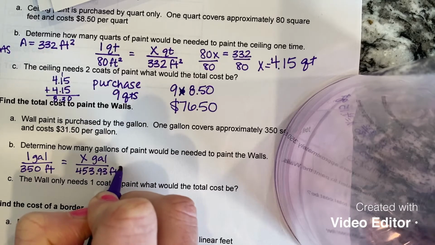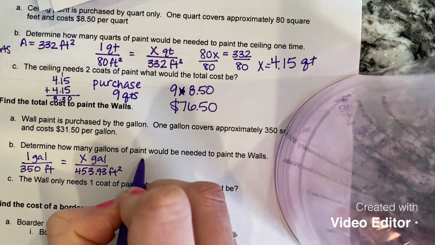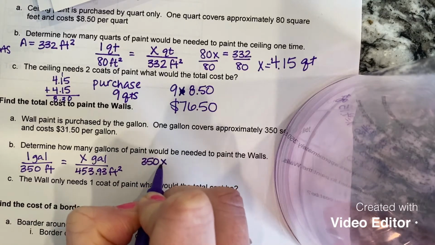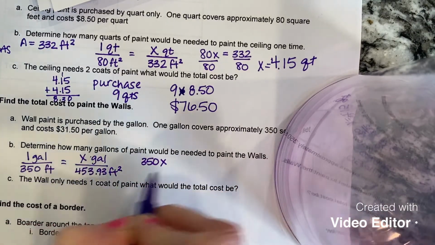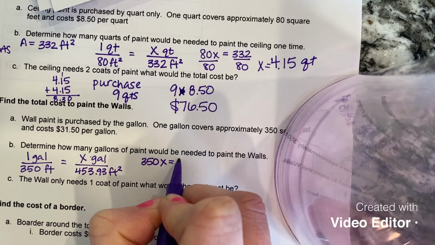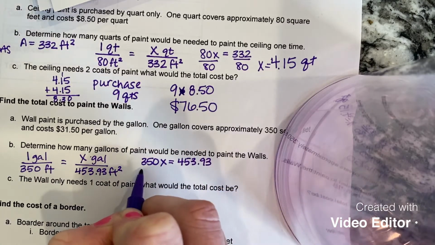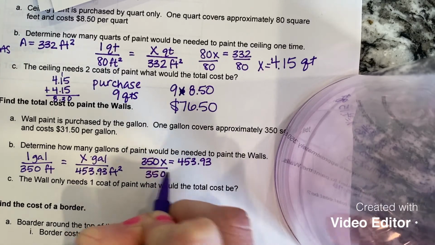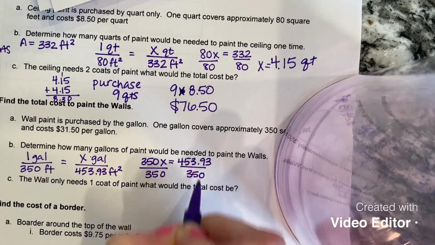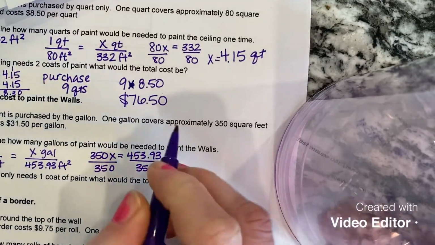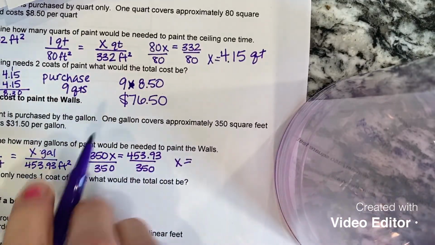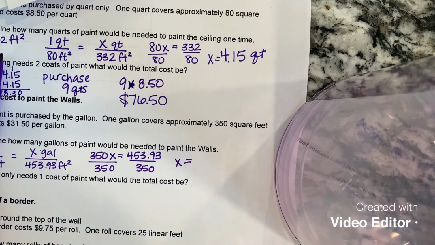453.93 square feet. Again, we cross multiply, so 350x, that's that diagonal, equals, thankfully you're multiplying by 1, 453.93, divide by 350, divide by 350, and x equals 453.93 divided by 350.